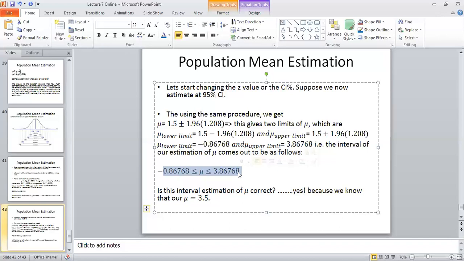So the higher the z value, the higher would be the area covered by the normal distribution. And remember that the higher the area covered, the more it is towards 100%, the more certainty it brings to our calculations.